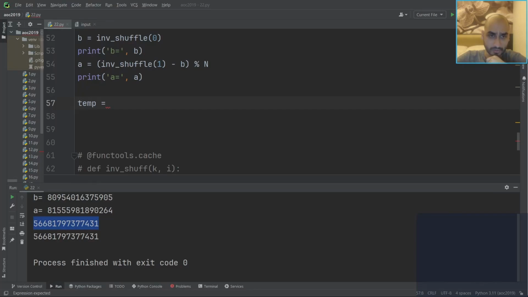Is this where you use... Oh, you use Euler's theorem. When m is prime, it's just... Oh, we already did this earlier, didn't we? A to the m minus 2 mod m.